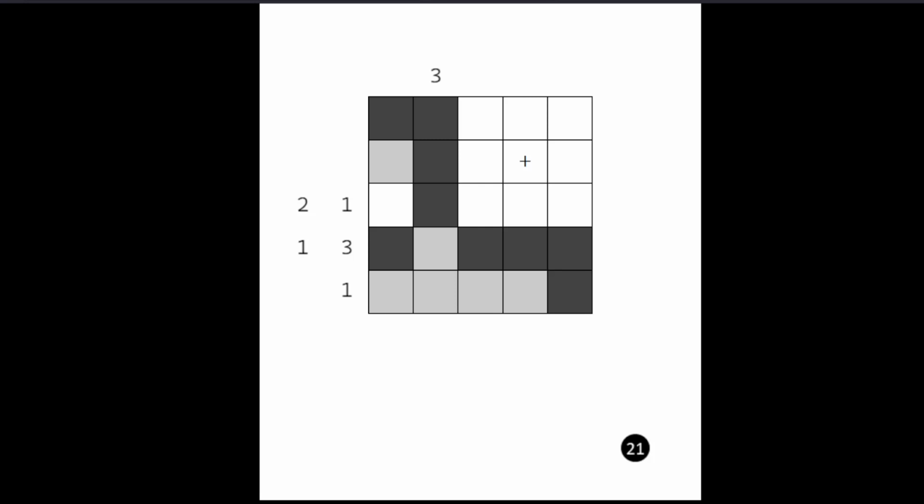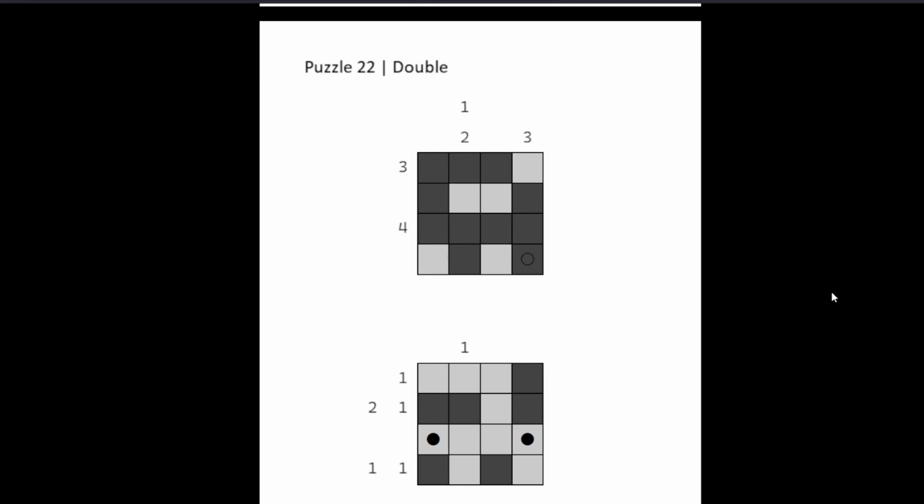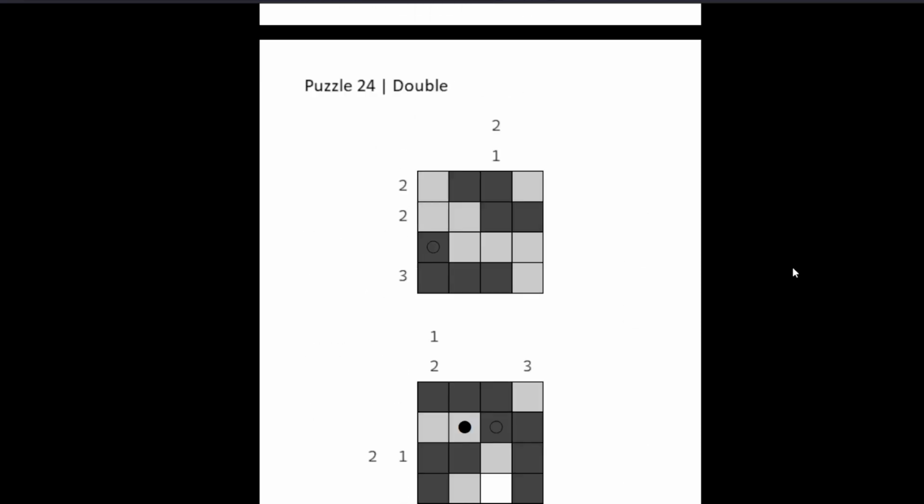Okay, yeah. The impossible puzzle I can't solve, puzzle 24, looks exactly the same in both the web version and the PDF. So that's not the problem. I'm talking about this puzzle.